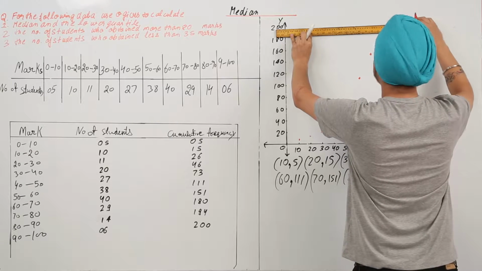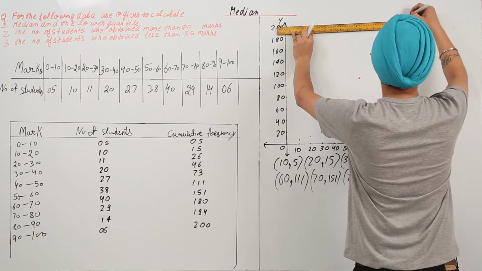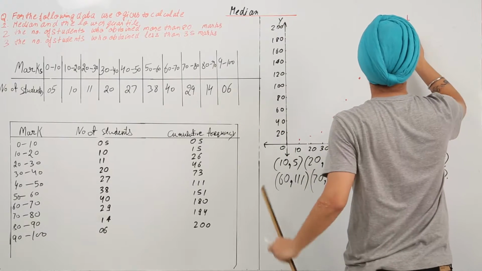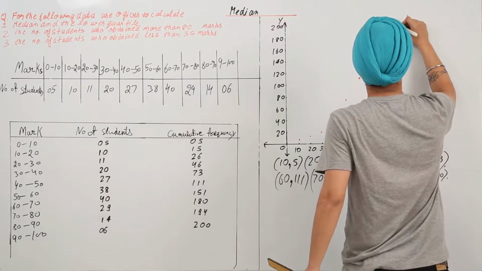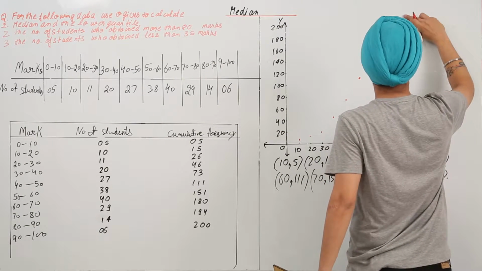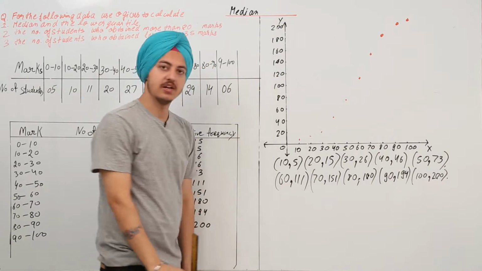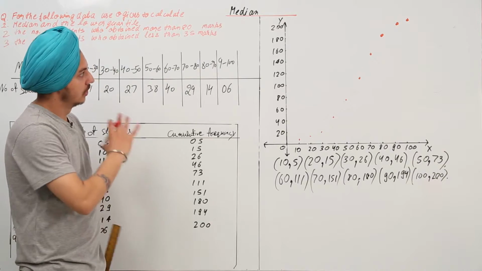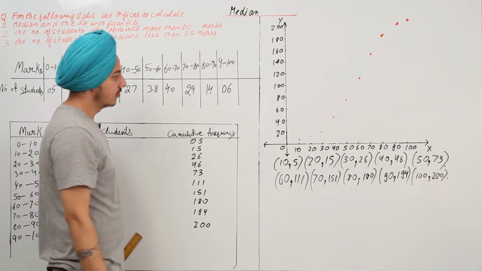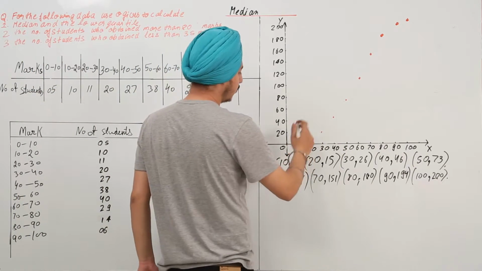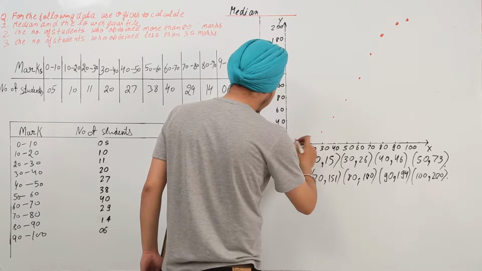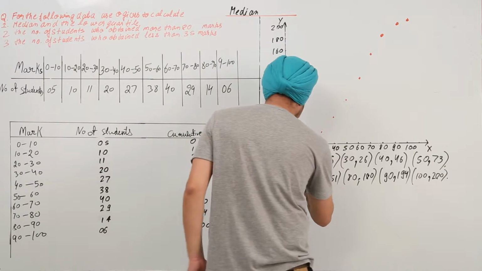So this would be the point and this would be the point for 200. So this is one point, this is another point. Now I've marked 90 comma 194 and 100 comma 200 also. So now we have a rough ogive ready for you. What we have to do is just join them freehand, right?